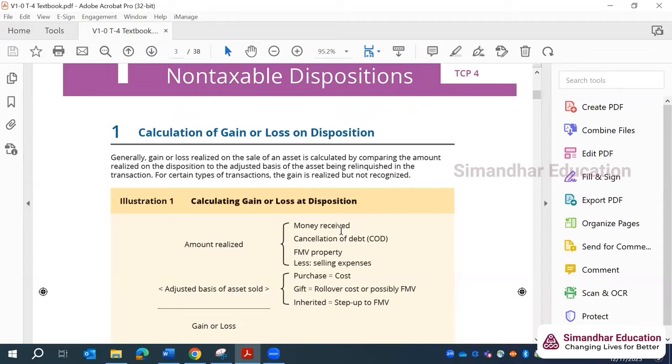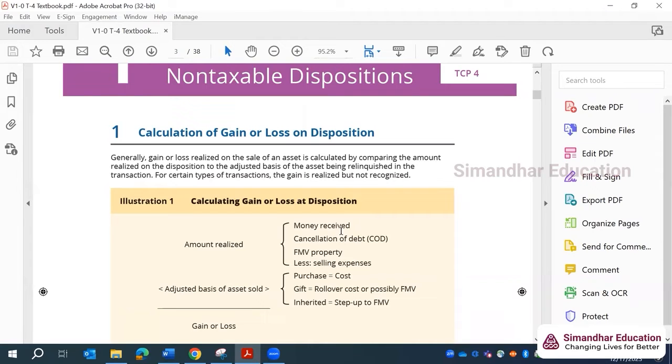So under non-taxable dispositions, we are going to learn certain transactions where the gain is either deferred or the gain is excluded. Now I'm using 2 terminologies here, which we will be using again in future chapters as well.